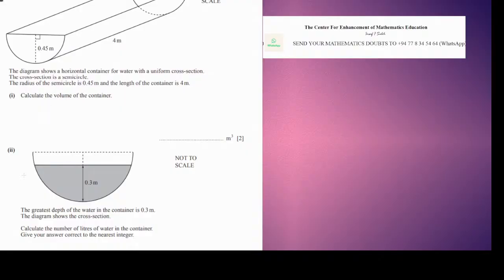understand is this, what is shaded in gray here. This gray part, it is not a semicircle. It isn't a semicircle. Then what is it? It is a segment. It is a segment of this.